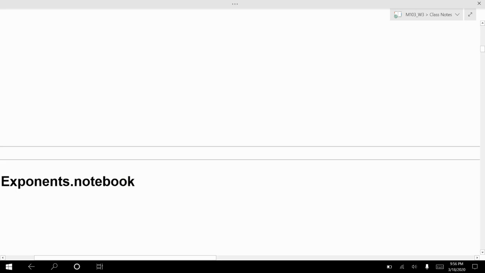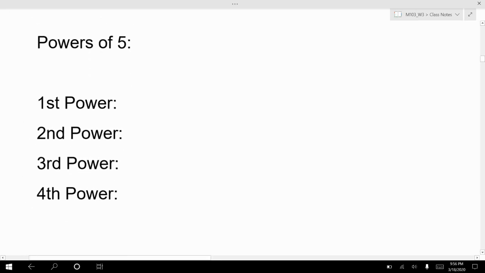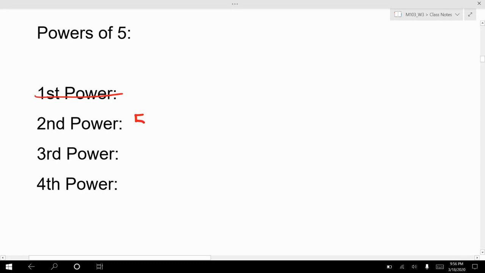Okay, so on the next page here, let's take a look at just some different power numbers. So I'm not worried about the first power of 5, but if we have 5 to the second power, that could also be said as 5 squared.